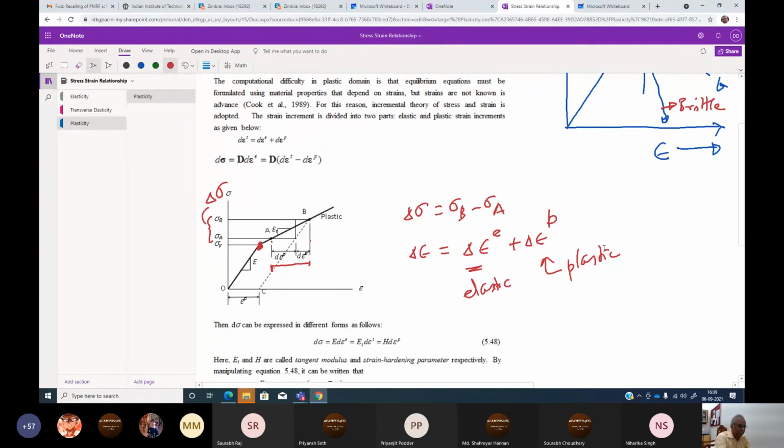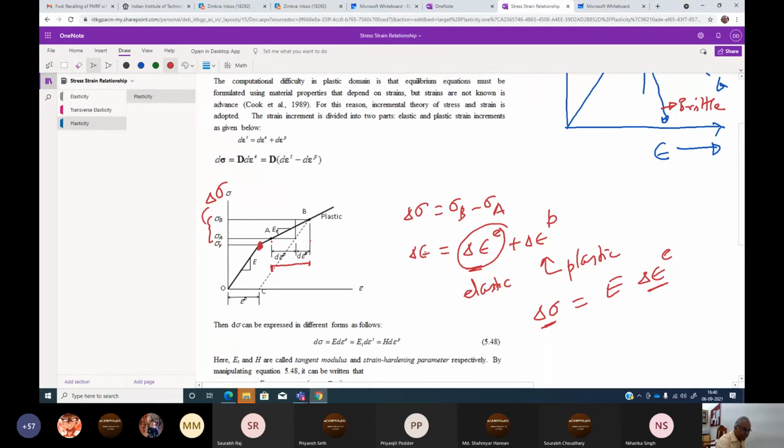That is what Hooke says: a strain will change because of the stress only, especially if it is the elastic strain. Since my stress has also increased, the change of stress, according to Hooke, is due to this elastic part.